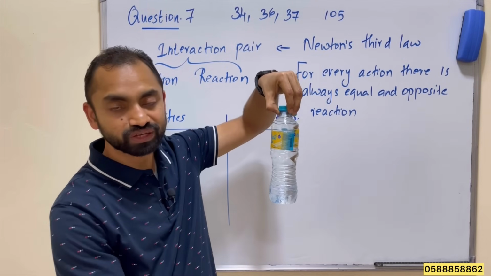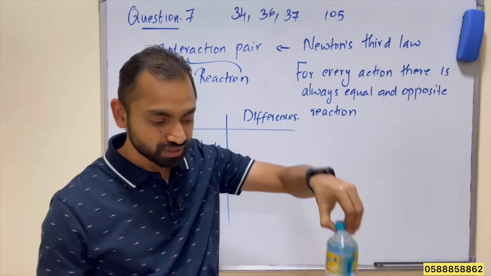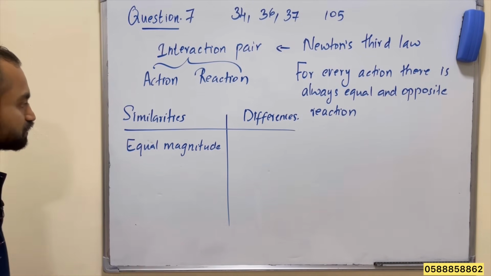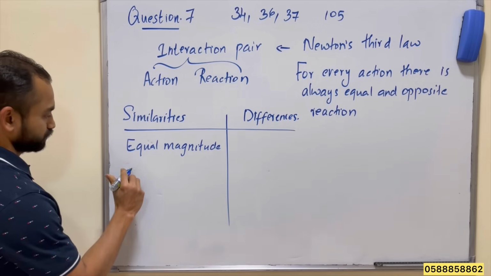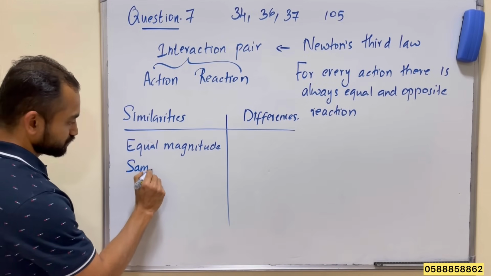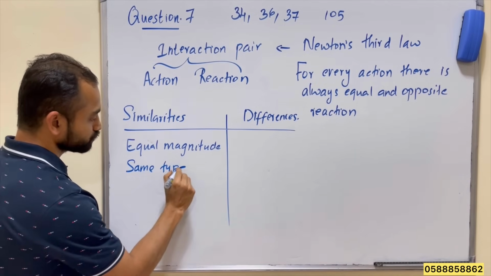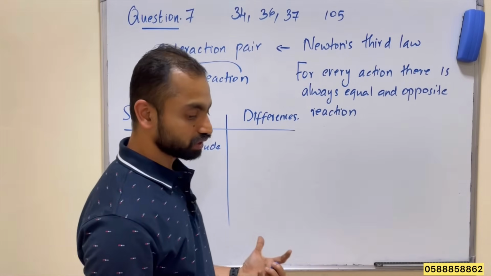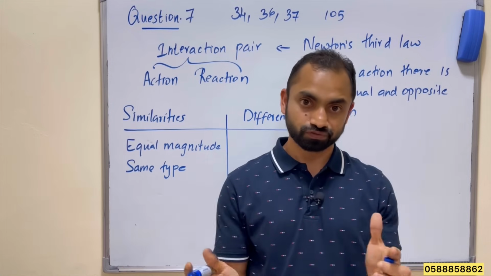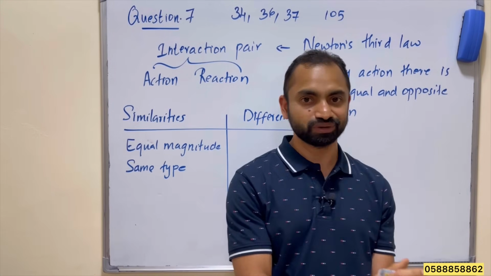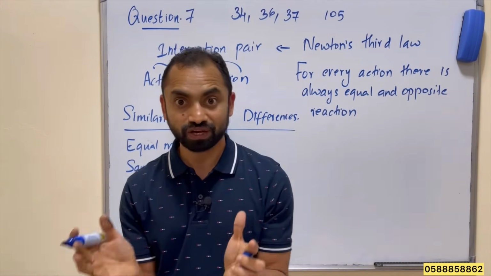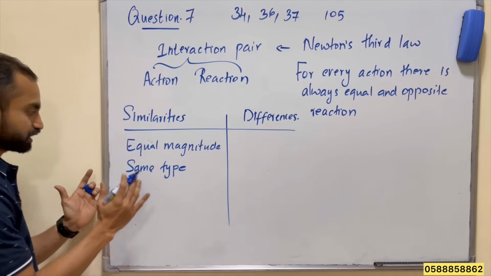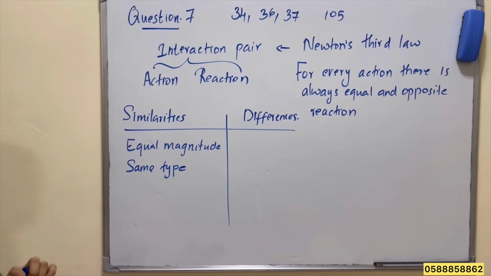That is also a non-contact force, gravitational force. They are the same type of force. Action and reaction will be of same type. If one force is a push, the other will be a push. If one is a pull, the other will be a pull. If one is a magnetic force, the reaction will be magnetic force. If action is gravitational force, reaction will be gravitational force.